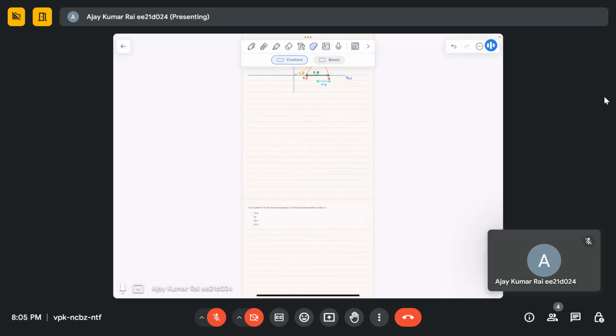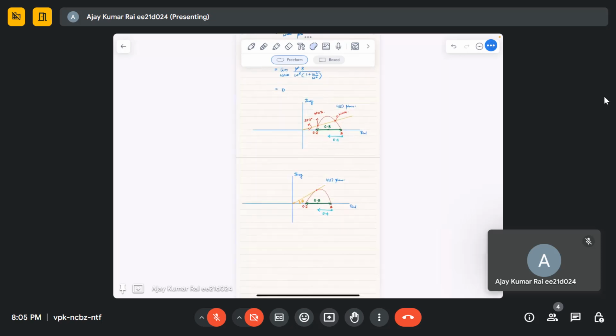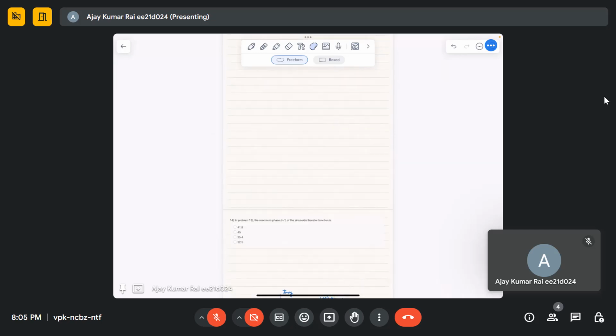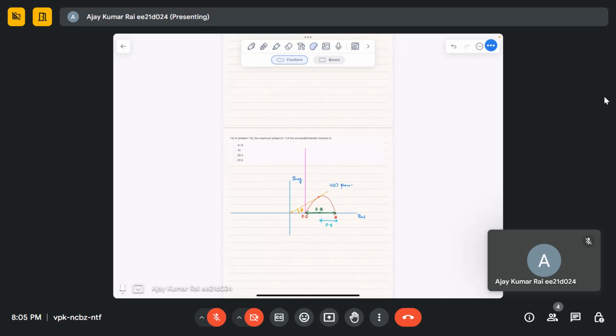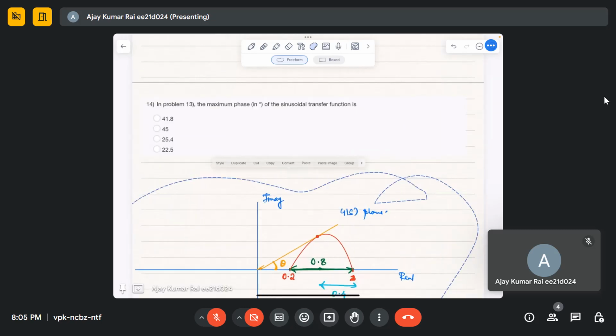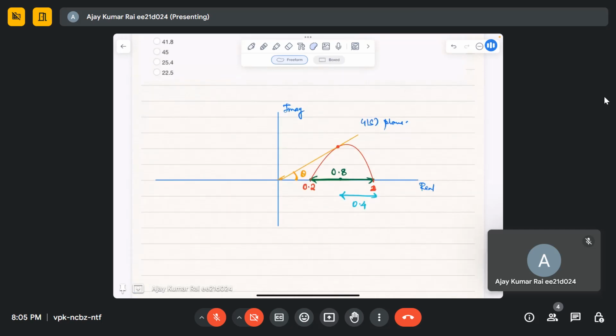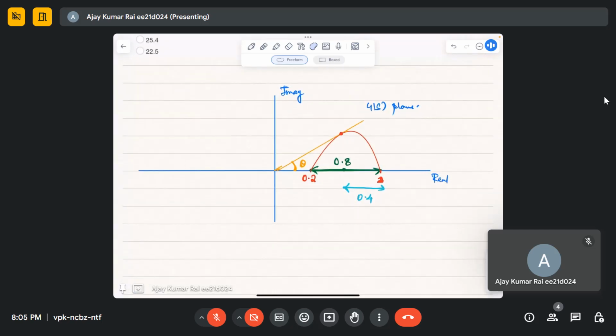This is related to the question. So you have to find this angle, right? And also we know it's a tangent to this semicircle, and this is 90 degrees.